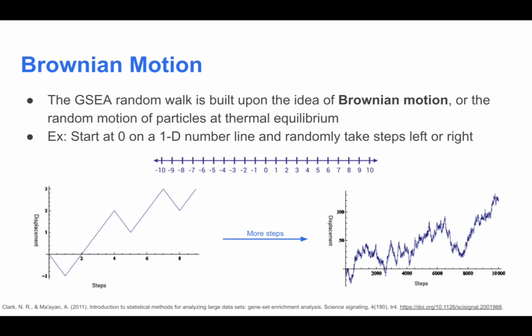And essentially, this random walk plot that is used in GSEA is built upon this idea of Brownian motion, which is the random motion of particles at thermal equilibrium. The original traditional example is that you start at 0 on a one-dimensional number line, and then you're randomly taking steps left or right. And then you can plot the displacement from 0 as time goes on, and you'll see that generally the trend is towards increasing displacement.